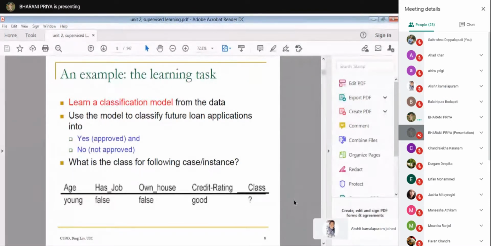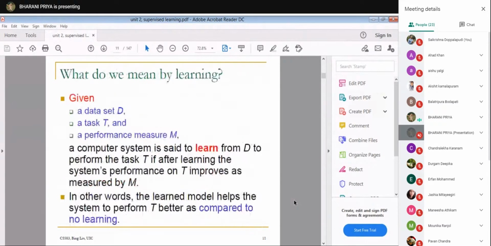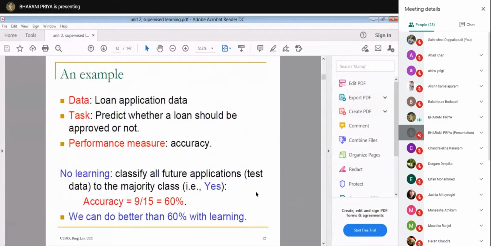If that particular observation is not there in your previous data, obviously you will assign whatever value is the most frequent. This is without learning. Without learning, the highest value is S, which is 9 out of 15. So 60% is S. Obviously, you will assign S to that new observation.